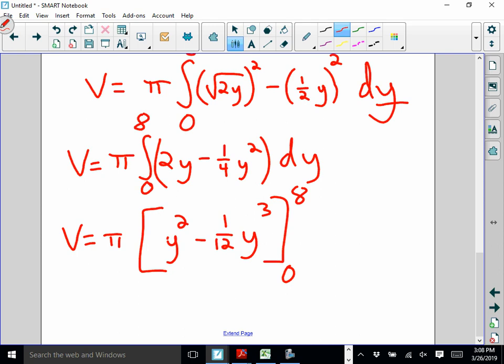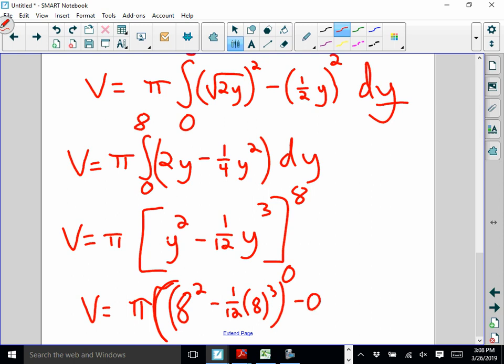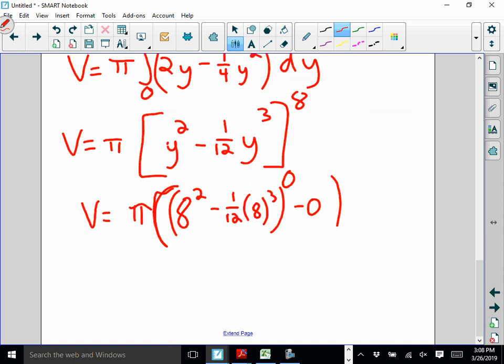So my volume is going to be pi times 8 squared minus 1/12 of 8 cubed, minus 0. Okay, 8 squared is 64. I'm out of time. I'll solve it out to a final answer and post that in the comments here. But this is our answer right here.